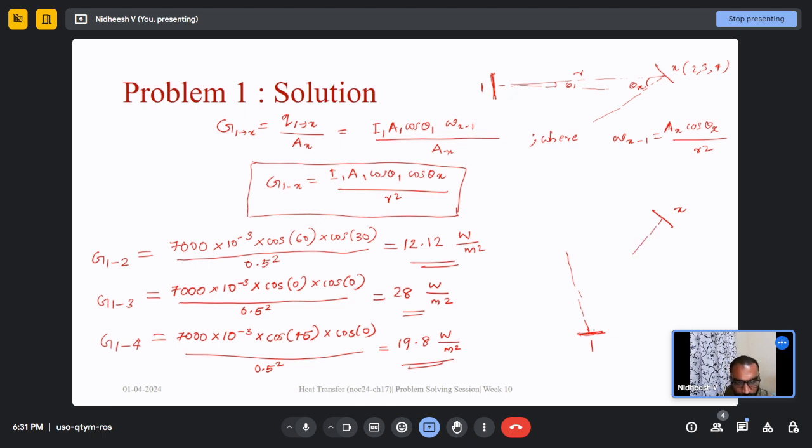Then we have to join the centers of these two surfaces. Then theta 1 would be this angle and theta x would be this angle. I couldn't draw it properly, but I hope you understood how we calculated theta 1 and theta x, right?